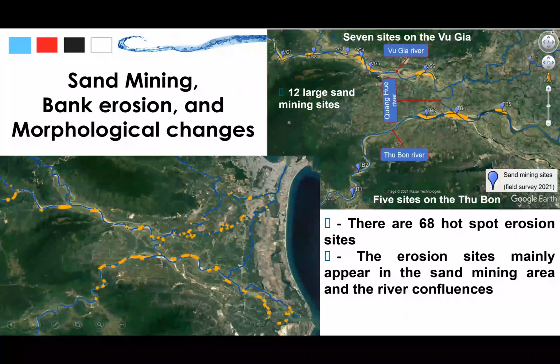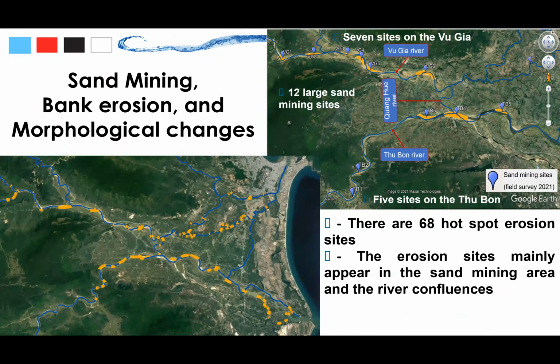So we found also in the Vu Gia-Thu Bon River Basin in Vietnam very unique human activities related to sand mining, causing lots of bank erosion and morphological change. Bank erosion means the bank of the river will collapse, and morphological change means some areas will become narrower or wider due to the heavy deposition and erosion in the river course or river corridor.